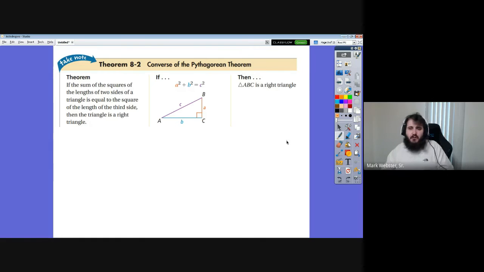So the converse of the Pythagorean theorem. What is the converse telling us? It's saying basically, hey, if you got those Pythagorean triples, then you know you've got a right triangle. So basically, it's just going the opposite way. And how are we going to use this? Well, first of all, we're going to be able to actually answer the question, is this a right triangle?